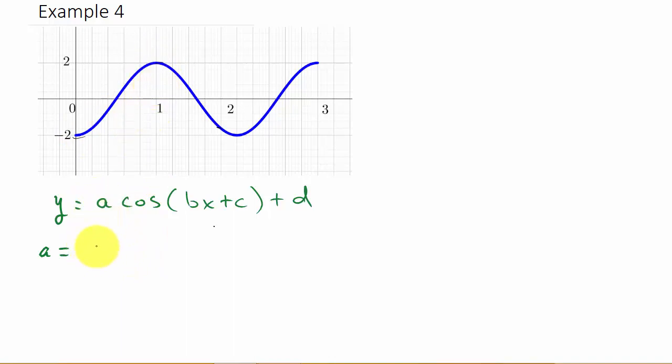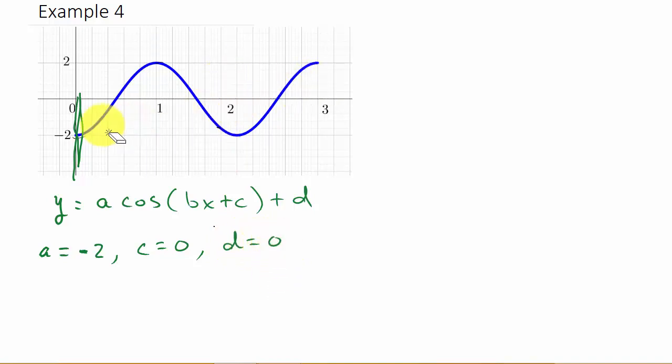So a would be 2, but since it's reflected about the x-axis, a is going to be negative. This is the part of the graph we're modeling, from here to here. There's no horizontal shift, so c would be 0. There's no vertical shift, so d would be 0.